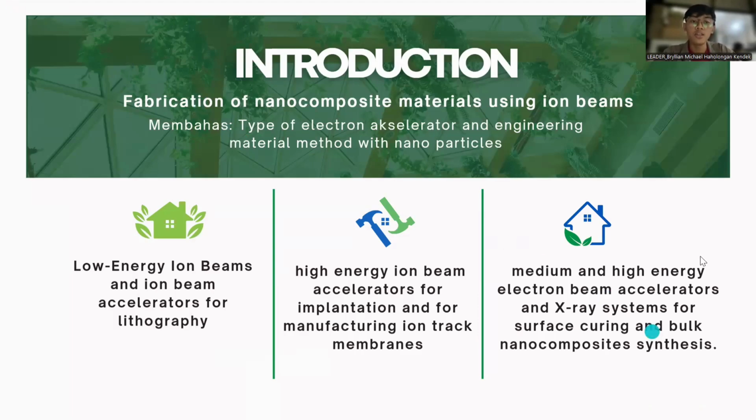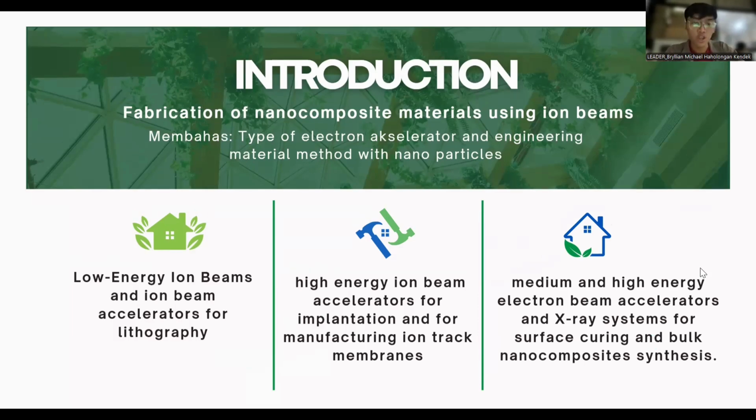For the introduction, fabrication of nanocomposite materials using ion beams. In this introduction, we want to tell about the type of electron accelerator and engineering material method with the nanoparticles. There are three main materials in this introduction.